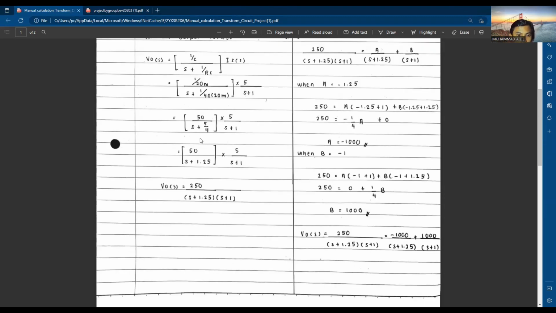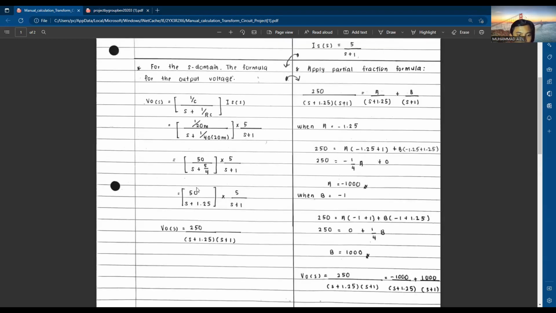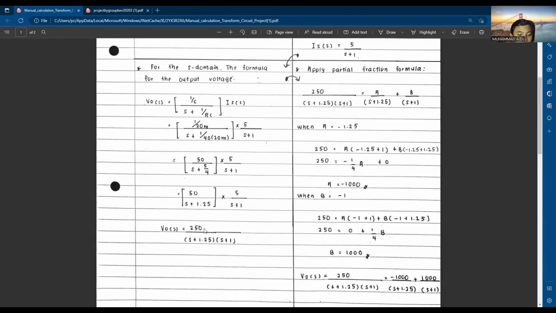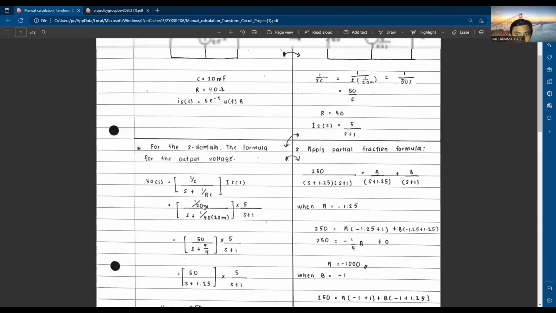And we can see the value of the circuit for V output, we get 250 divided by S plus 1.25 and S plus 1. Where we get the value of 1.25 is from here, 5 over 4 is equal to 1.25.